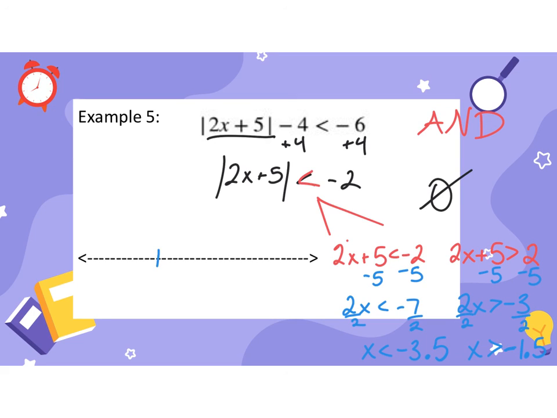Put them on a number line. Which one is less? So which one's coming first? Negative 3.5, because again, that's further away from 0, right? 0 would be over here. What kind of dots would I have here? Open, open. X is greater than negative 1.5, less than negative 3.5.